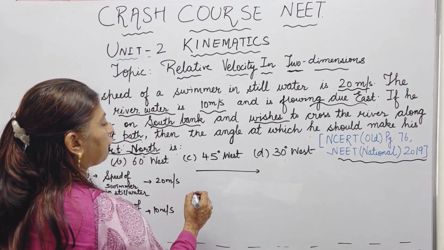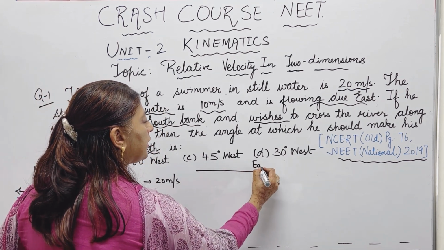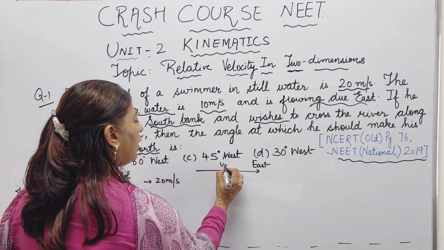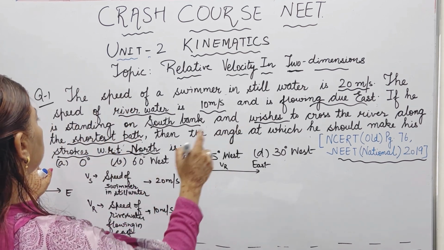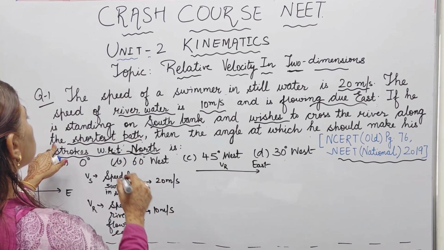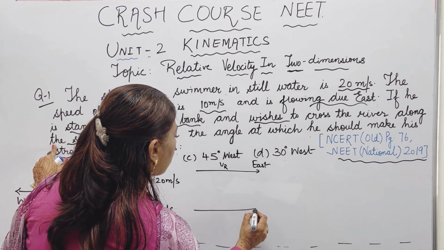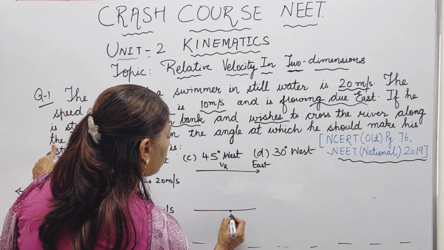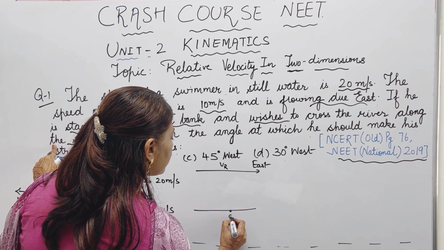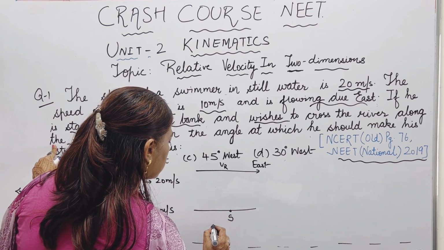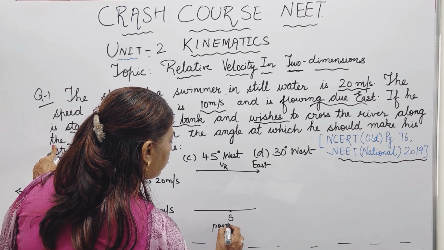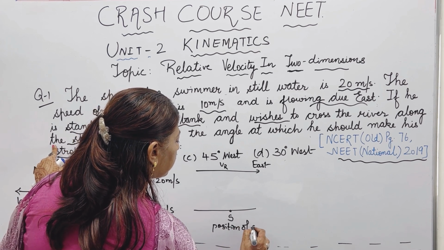This is the river flowing in the east direction, and the swimmer is standing on the south bank. So this direction is south, and somewhere here is the position. S is the position of the swimmer.